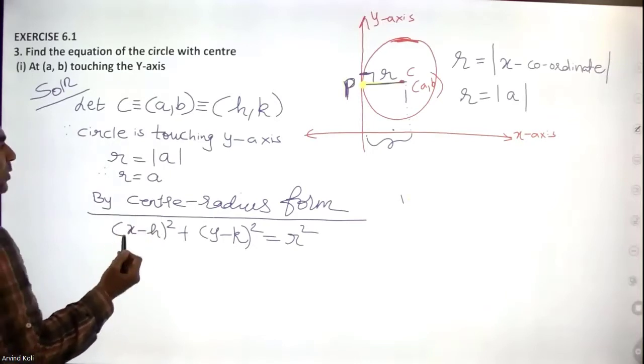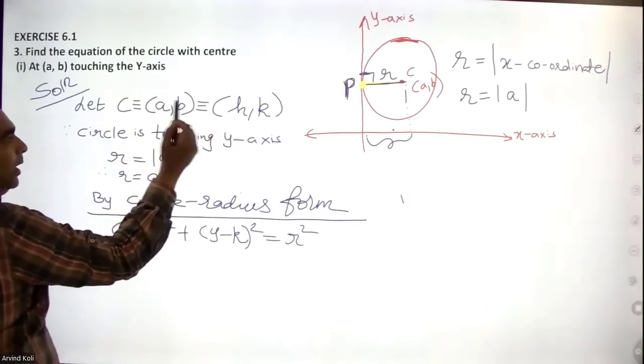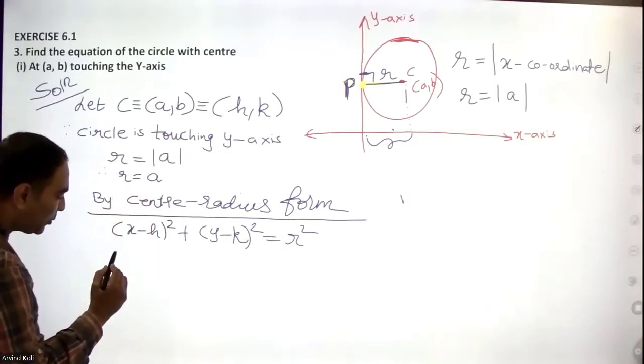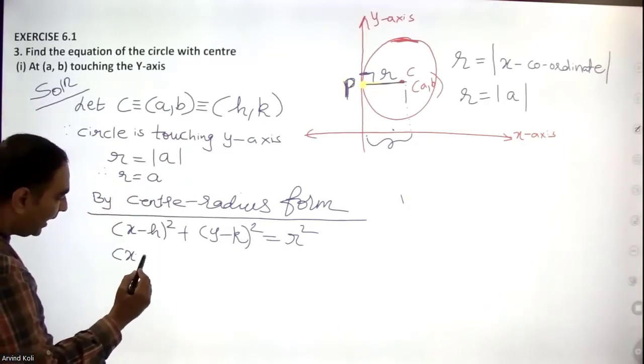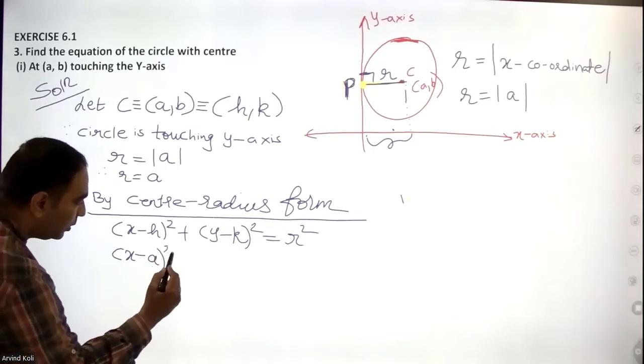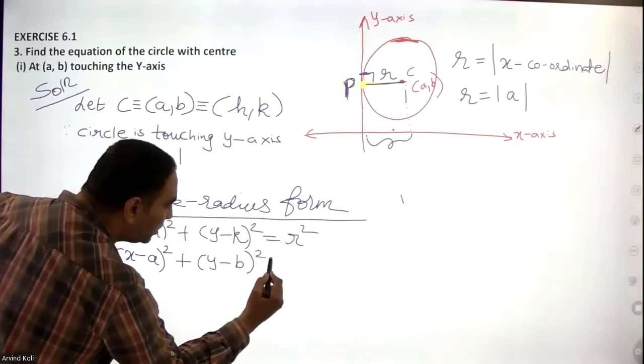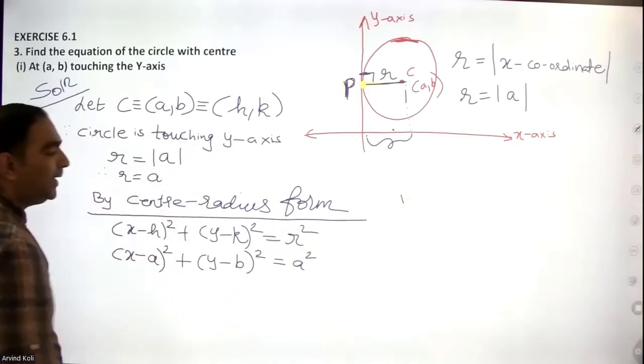Now, what is h? h is equal to a, k is equal to b, and r is equal to a. So let us do the substitution. This becomes (x minus a) the whole square plus (y minus b) the whole square is equal to a square.